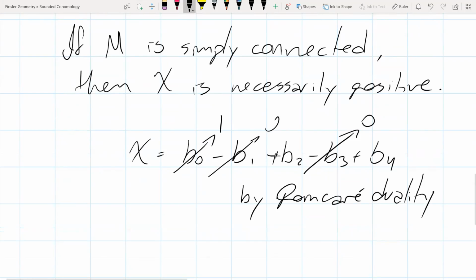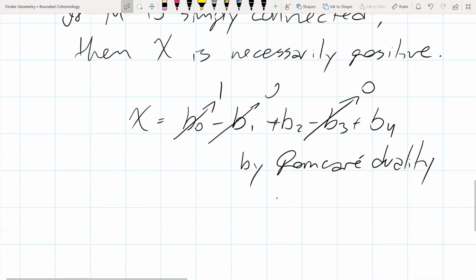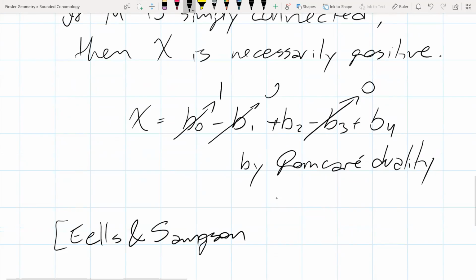So now the question is, can we find examples of simply connected compact manifolds that do not carry an Einstein metric? And this question was actually posed by Eells and Sampson in 65.